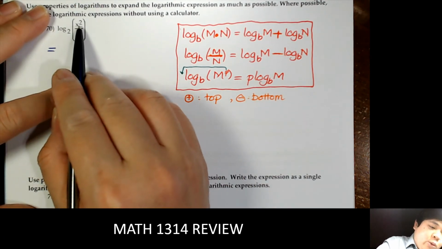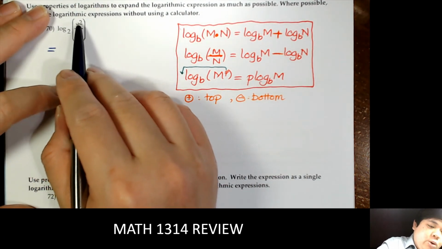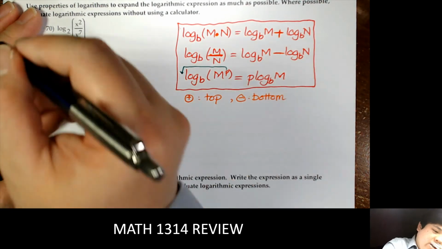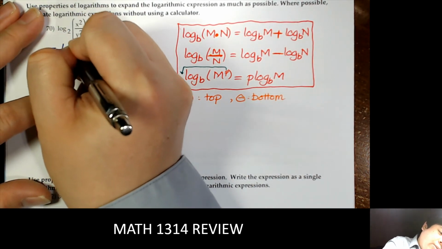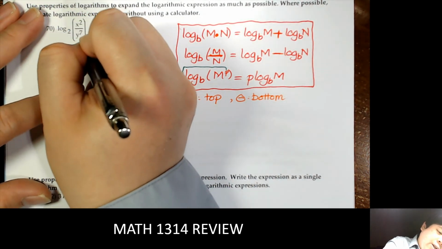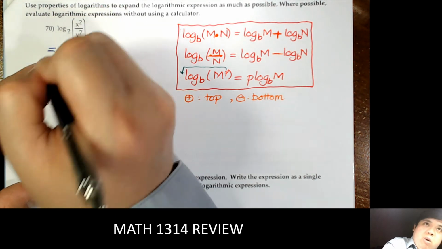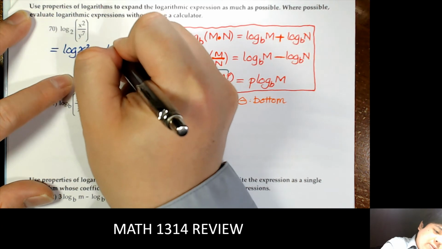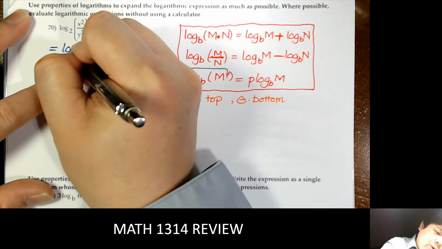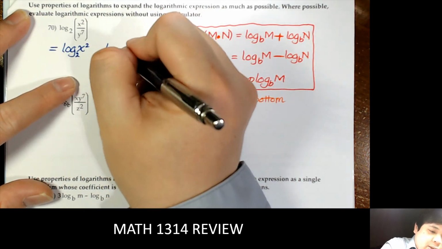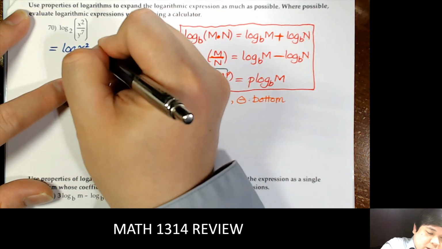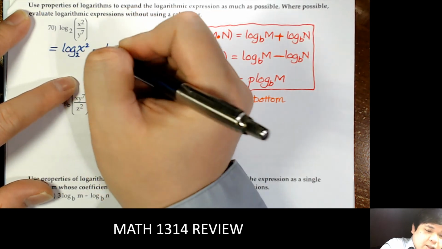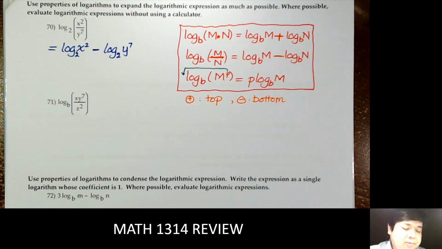So first we have two factors, x squared and y to the 7. The x squared is on top, so it will be positive. The y to the 7 is at the bottom, the base 2 though. Y to the 7 will be at the bottom, so it will be negative, I mean.